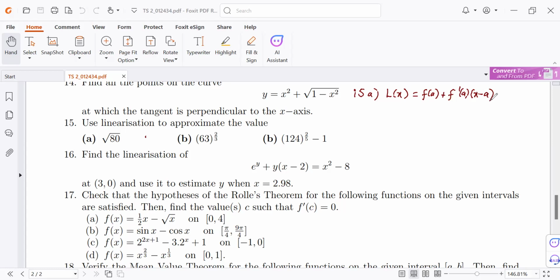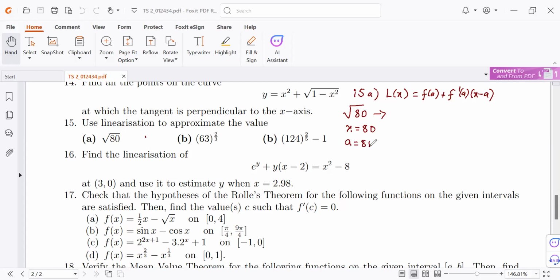If you look at part A, we are given the root of 80. This 80 is called the x. A is the value that is close to 80, but it has a perfect square root. Because the function is a root function, we need a that has a perfect root. So the closest number to 80 is 81.